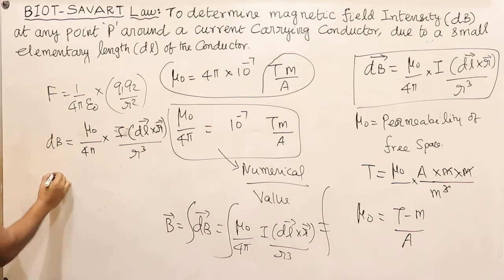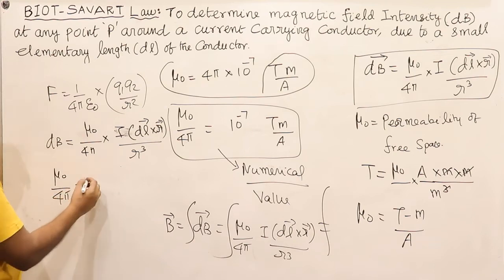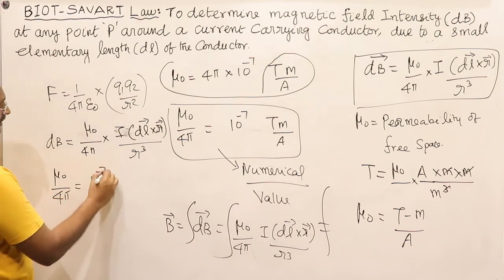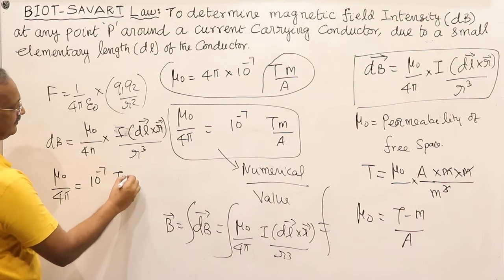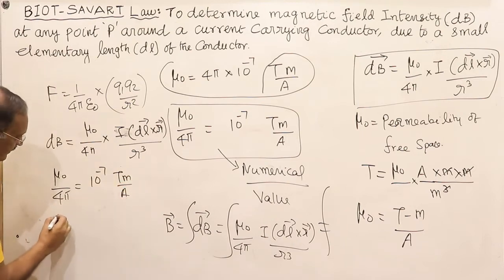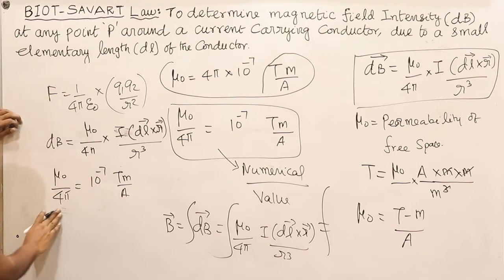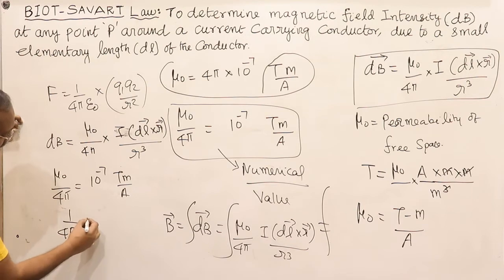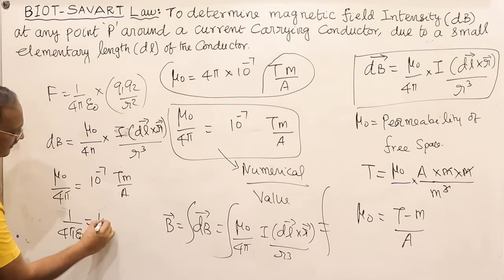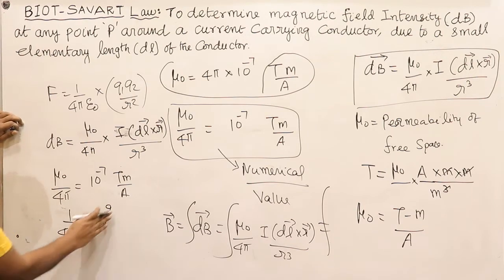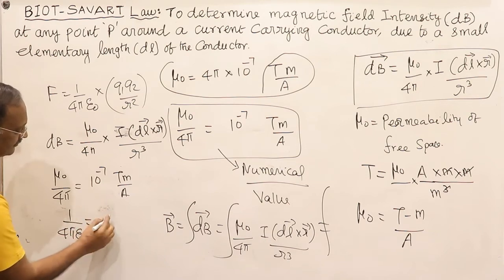And mu naught by 4 pi, its value is equal to 10 to the power minus 7 Tm by A, and 1 by 4 pi epsilon naught can be written as 9 into 10 to the power 9.